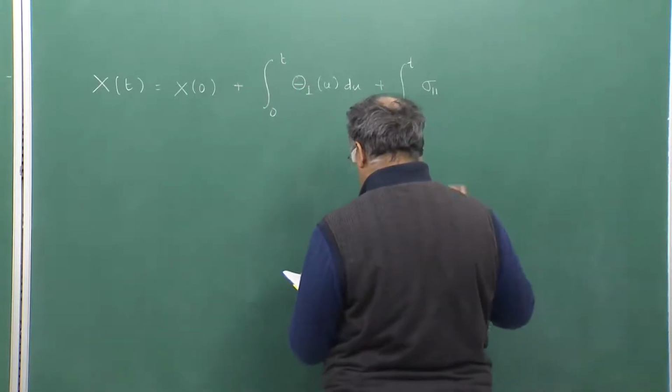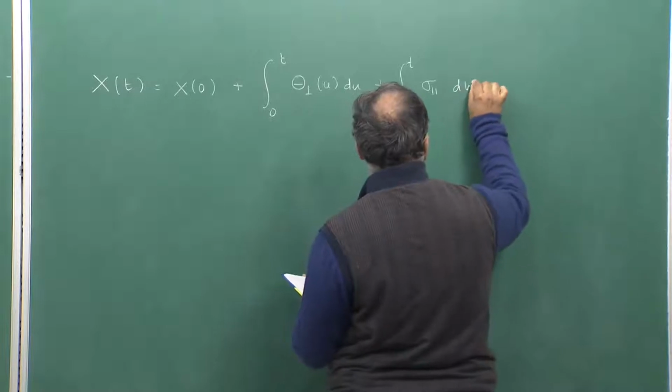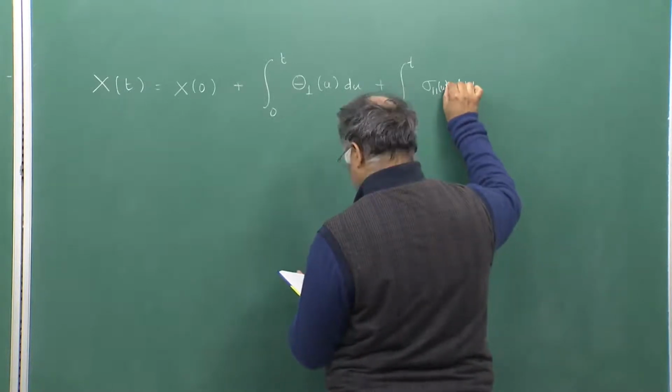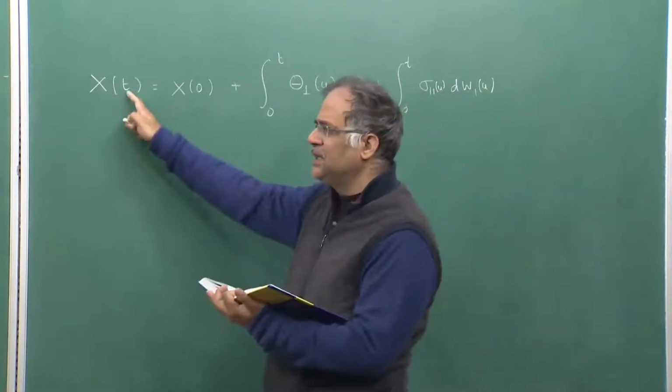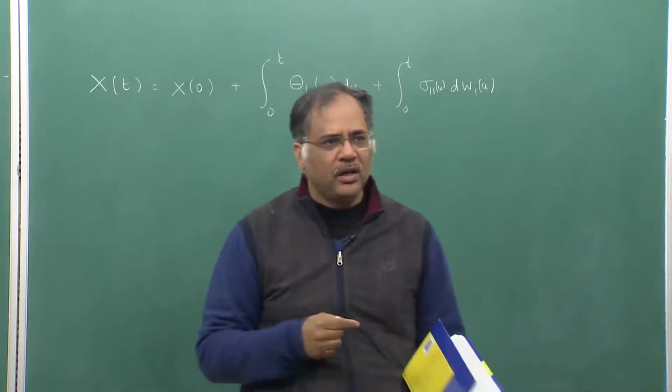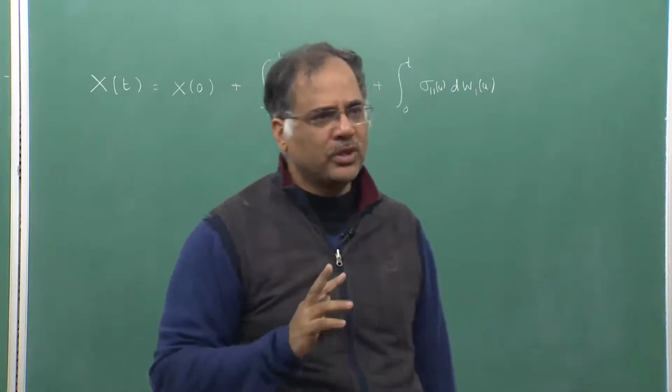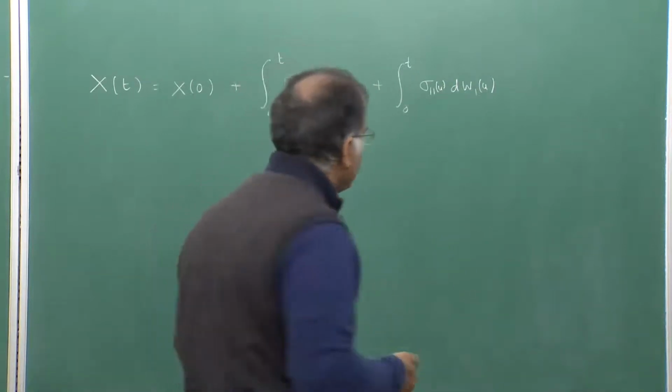We will come to it very soon. You will soon see why I am writing like this. So, every process Xt that we are taking here involves both the processes, not just one process.